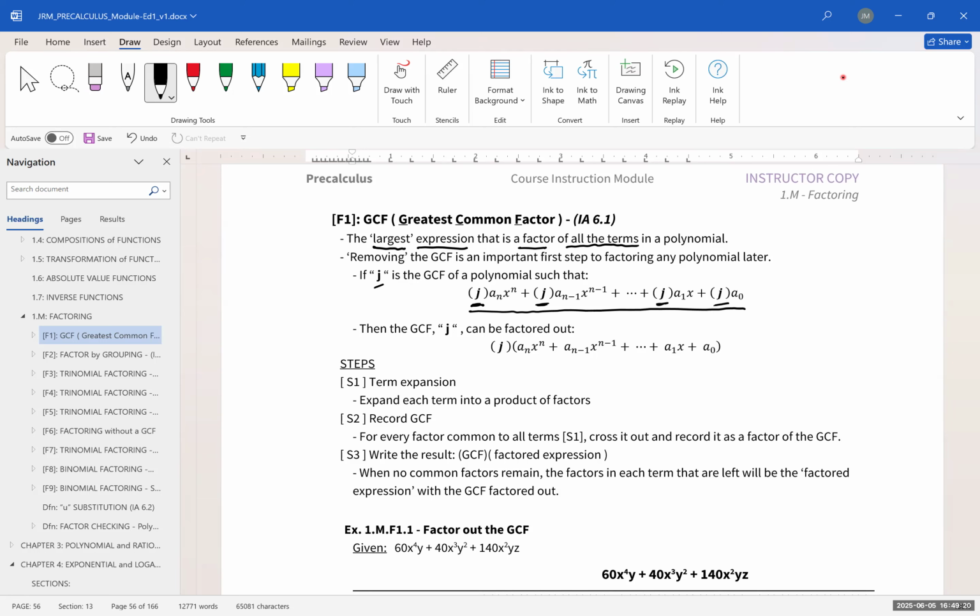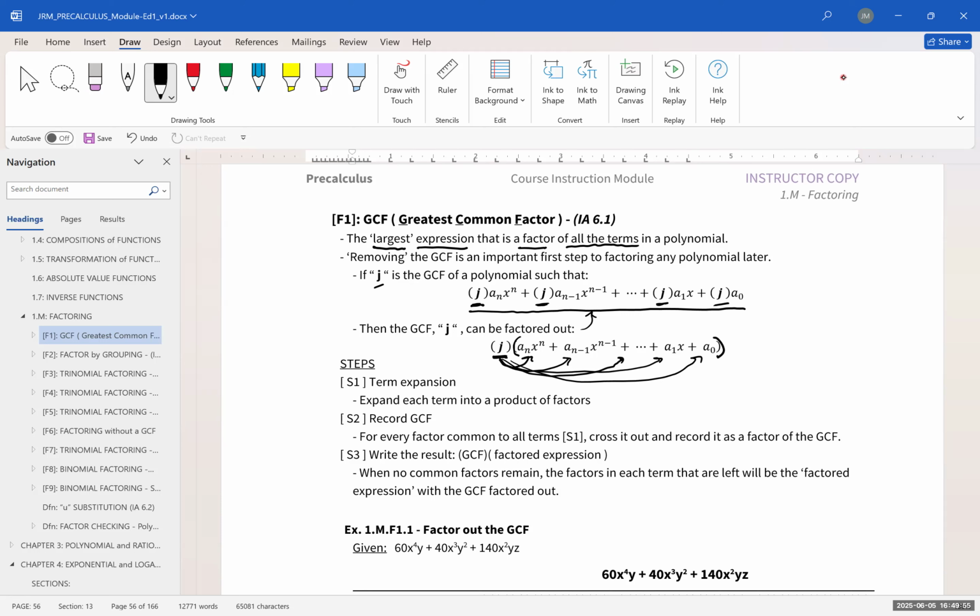When you factor this greatest common factor out of each term, you can pull that out and place it outside the factored polynomial. And if you were to go in reverse, you would use the distributive property to redistribute this greatest common factor to every term in the polynomial. And then you're back to the original polynomial that you started with.